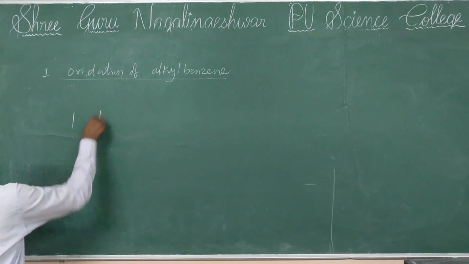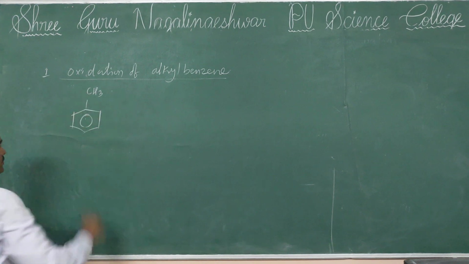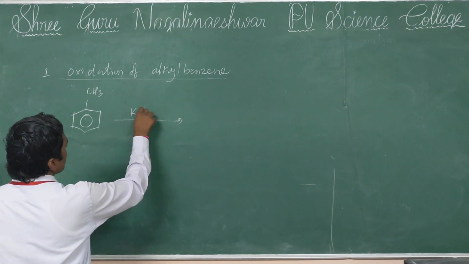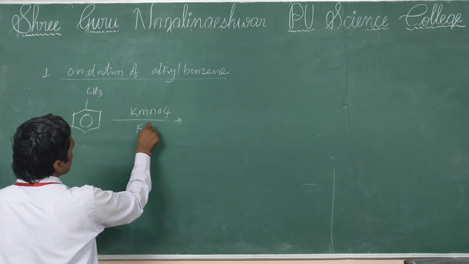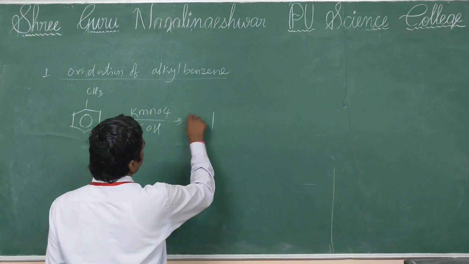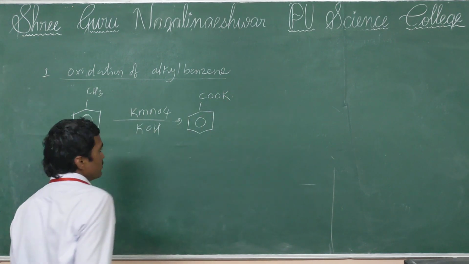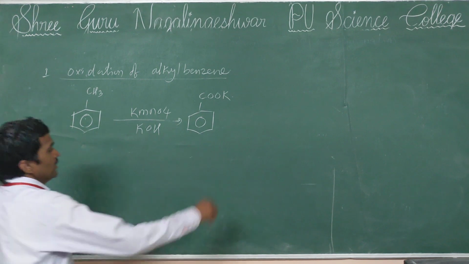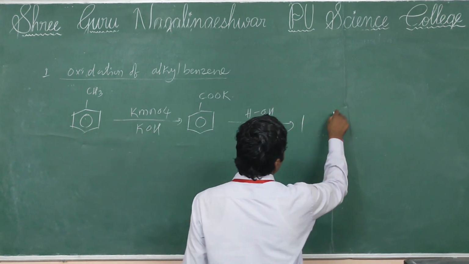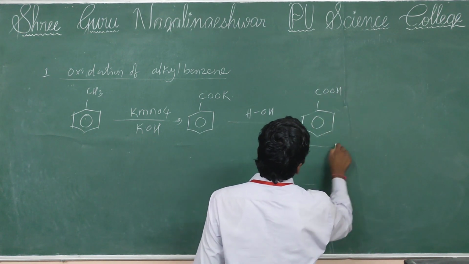Here I am taking toluene, methyl benzene, which reacts with KMnO4 in the presence of basic medium. Then potassium benzoate is formed, which further undergoes hydrolysis to form benzoic acid.